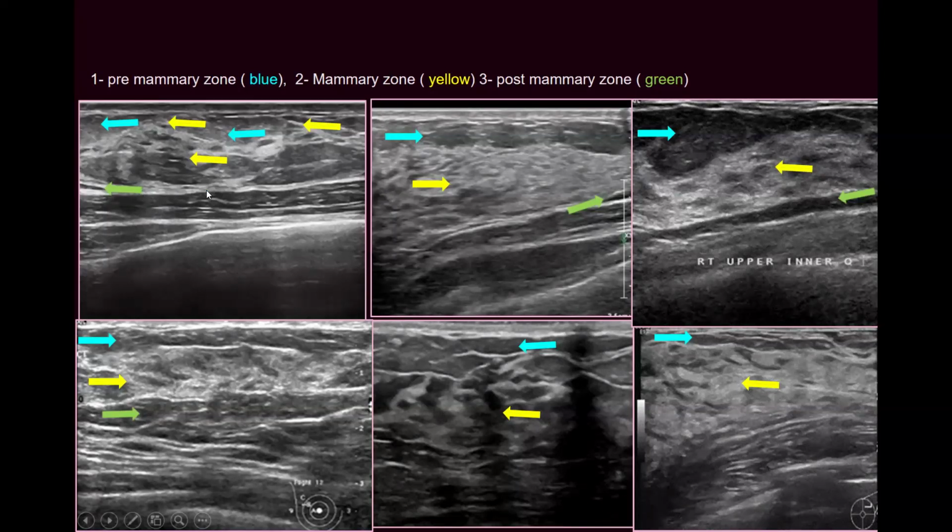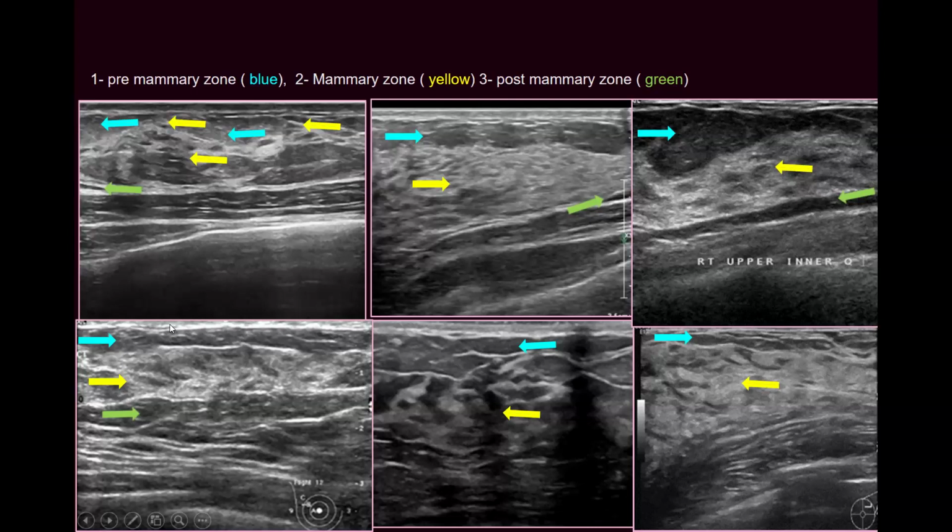There is no representation of the retromammary zone in this image, and the glandular tissue is wavy. You see, elevated here, coming down and elevated here. So the mammary zone comes to the same level as the pre-mammary zone here. But this is a well representative image for the three zones separately.